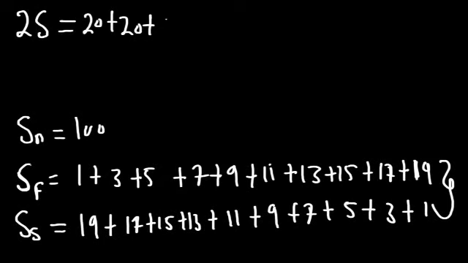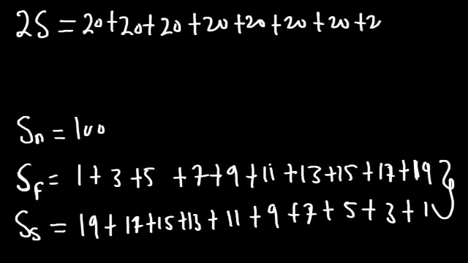So it turns out that everything will be 20. So 20 plus 20 plus 20 plus 20 plus 20 plus 20. Let me count the number of terms: 1, 2, 3, 4, 5, 6, 7, 8, 9, 10.